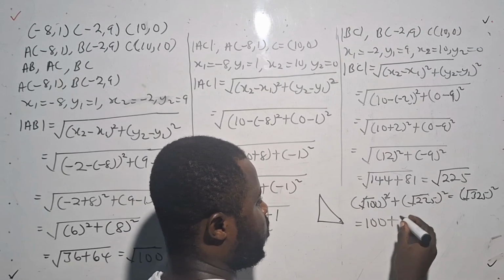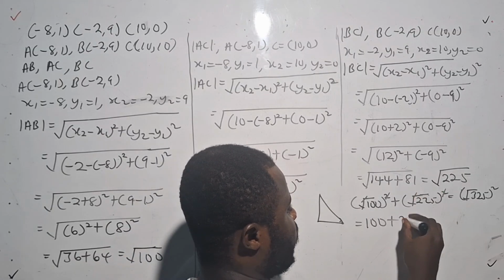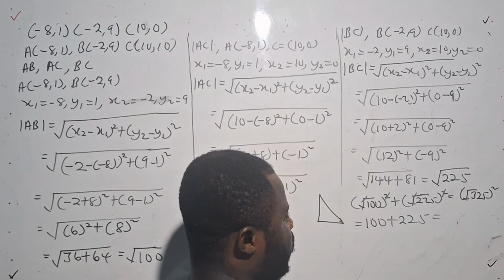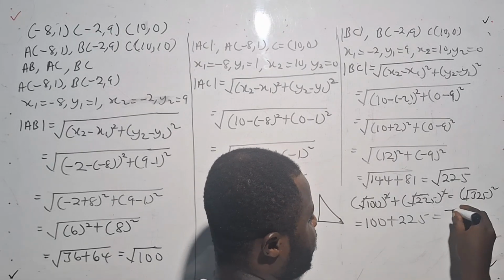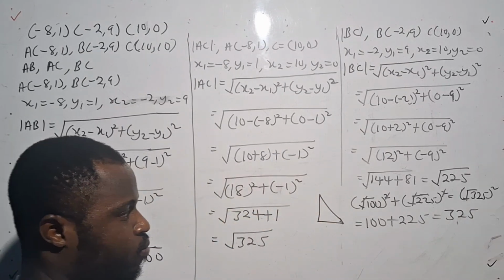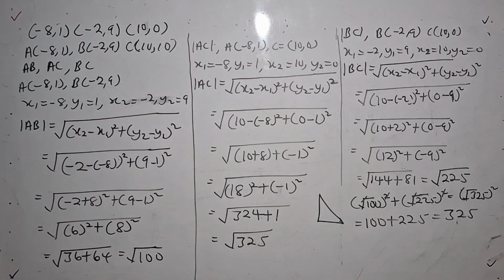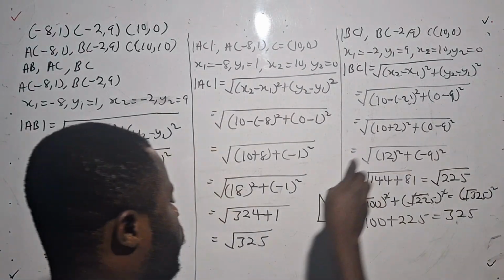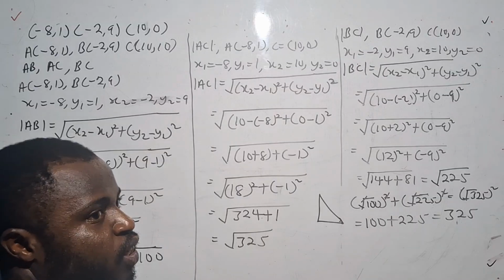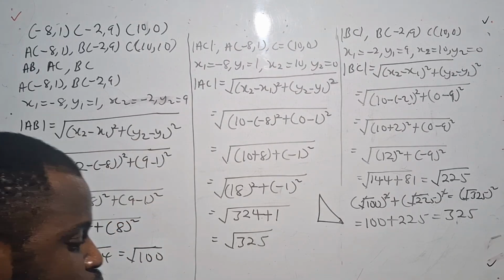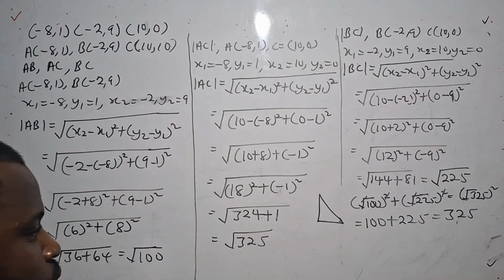We have 100 plus 225. Now when we add 100 to 225, we get 325. Yes. So the square of this plus the square of this gives us this one. Yes, so this makes it a right triangle.